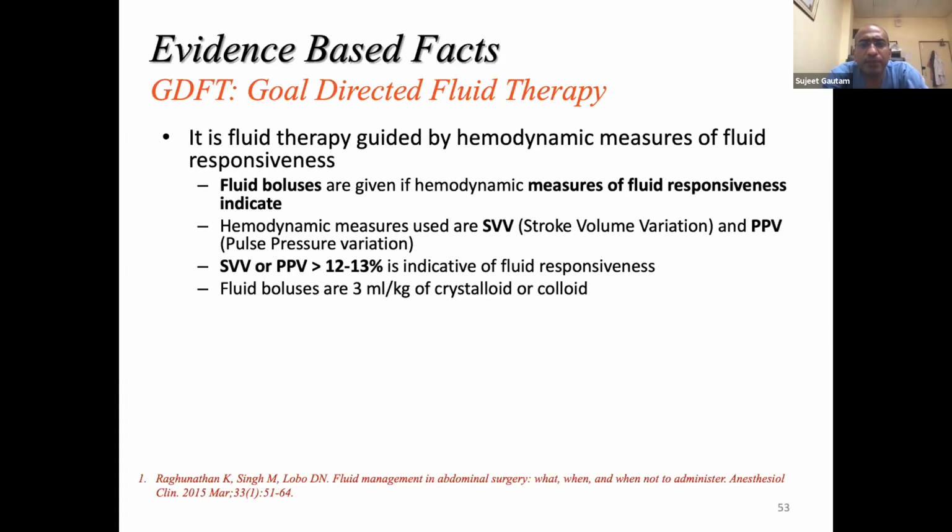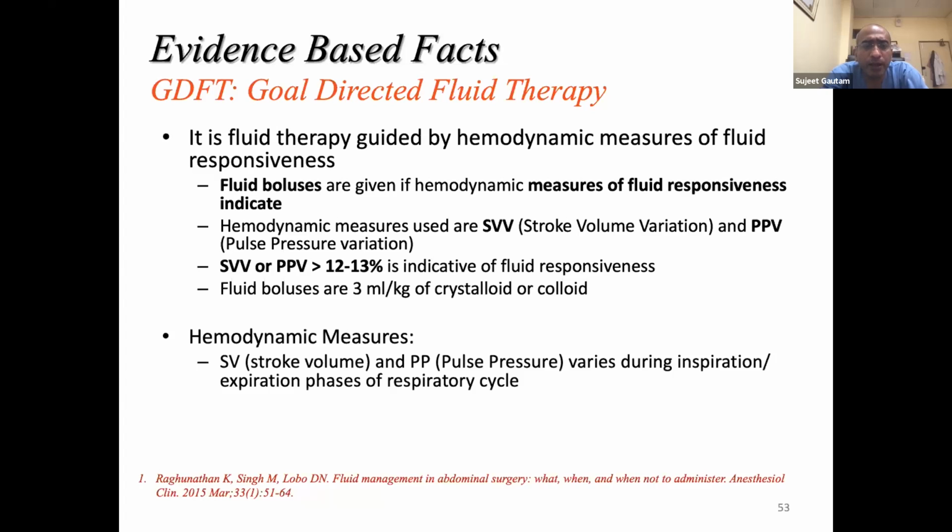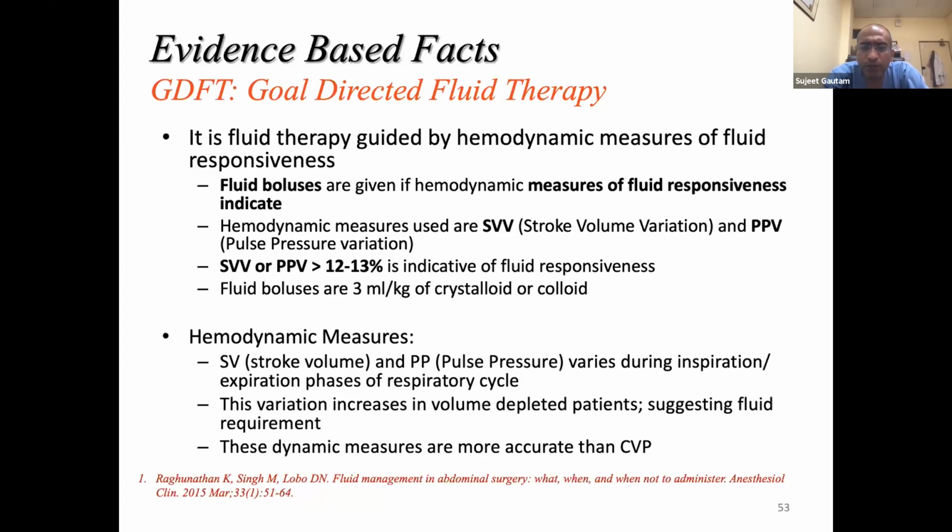Whenever the values of these parameters go beyond 13%, it is an indication for a fluid bolus, and at that point a fluid bolus is given. And why are these measures used? Because their value varies during the inspiratory and expiratory phases of the respiratory cycle. And if a patient is volume depleted, this variation increases.